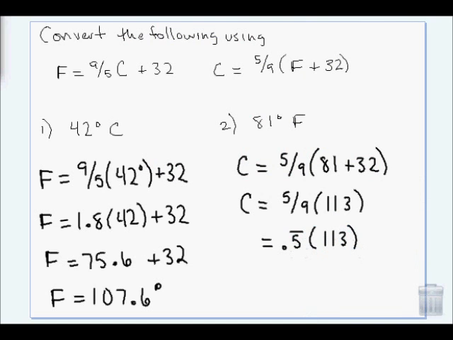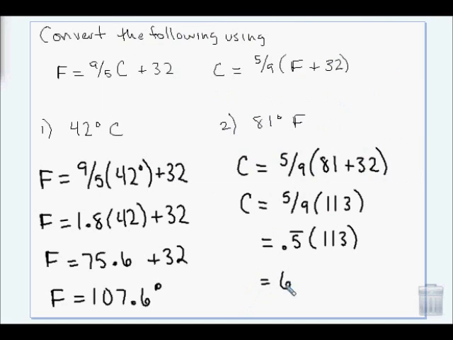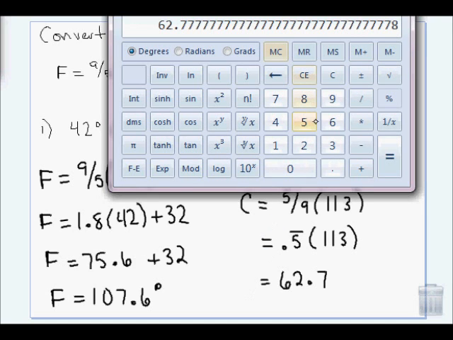Okay, and then I'm going to multiply that times 113. And I'm going to get 62.7. That's not right. That's not right. Hold on. What did I do wrong? 5 divided by 9.